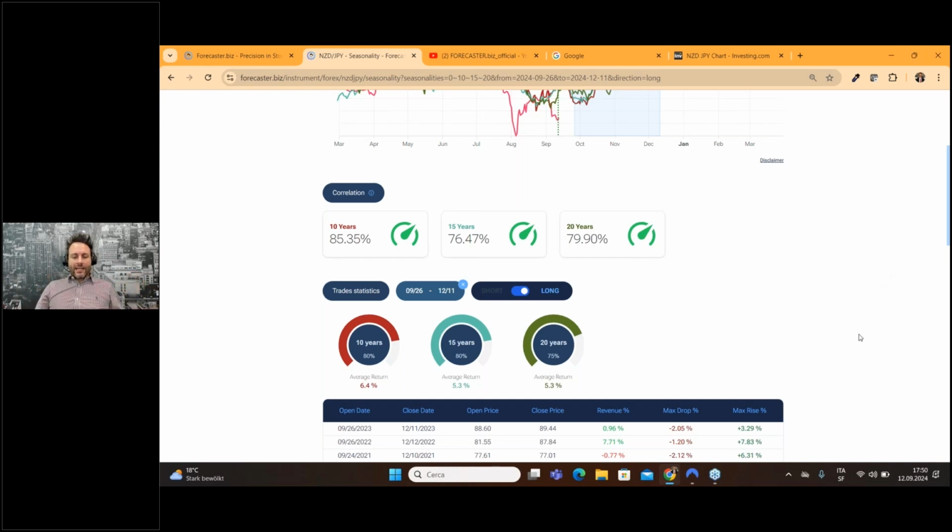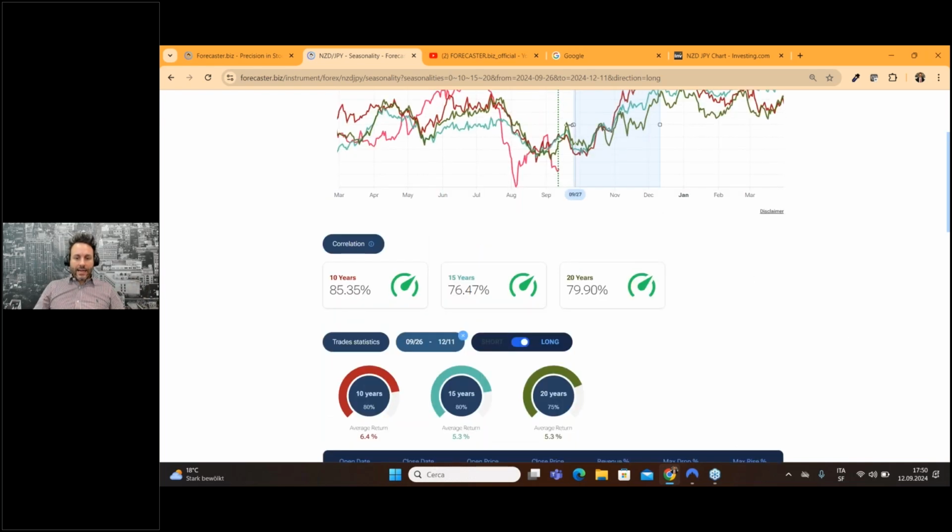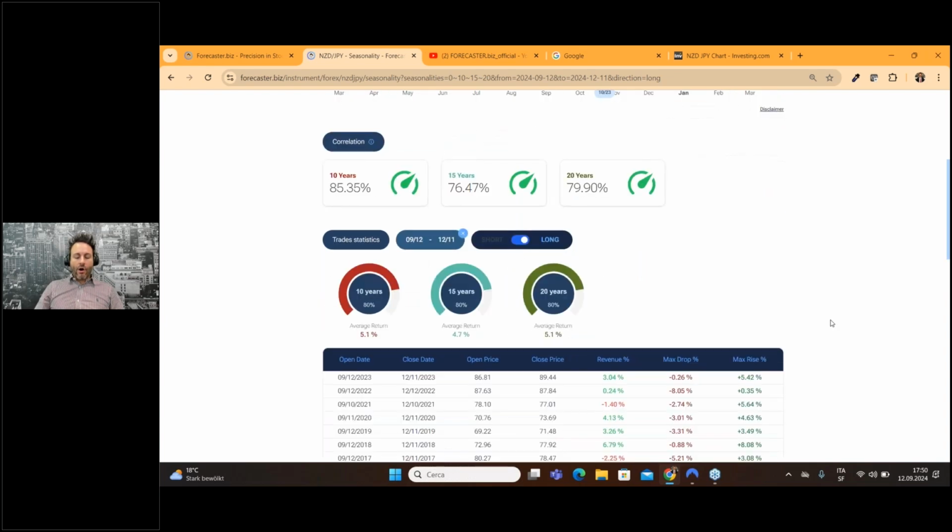Which is the target and which is the stop loss? Very easy, guys. The target is the average of what we can expect here. If in the last 20 years, in the last 15 years, in the last 10 years, we had an average return of 5%, this is our target price.